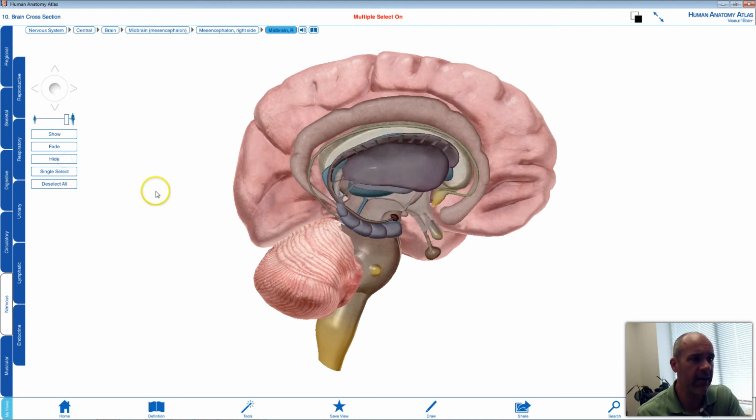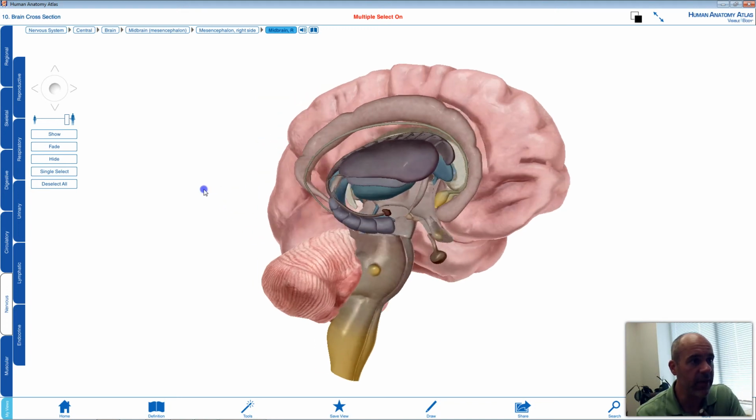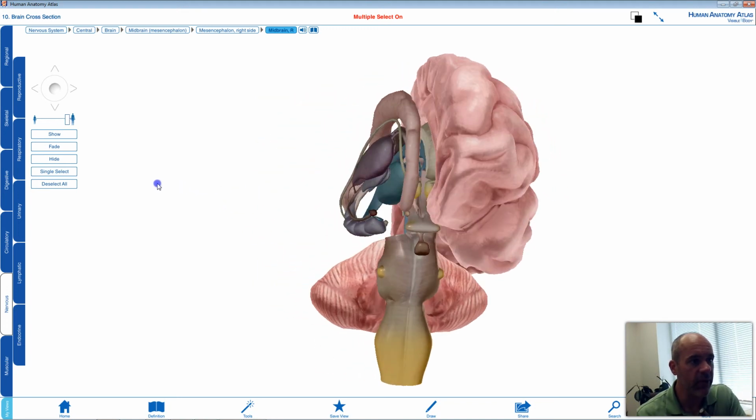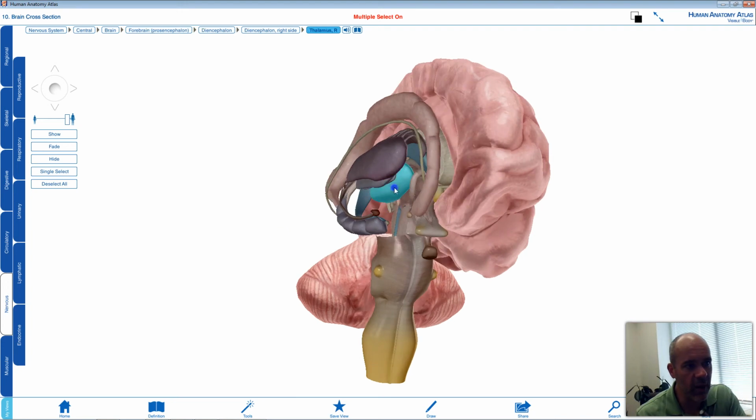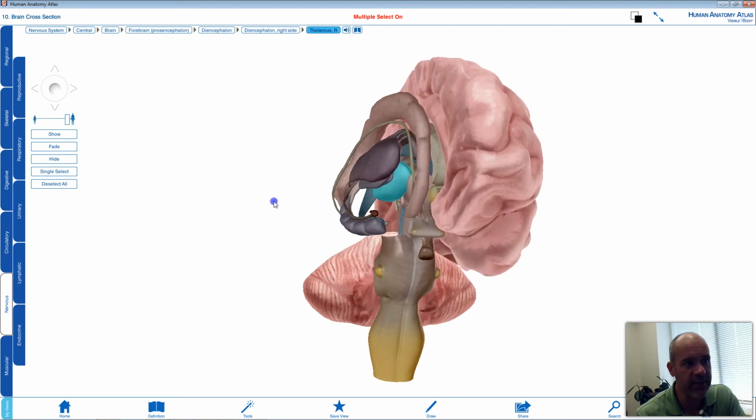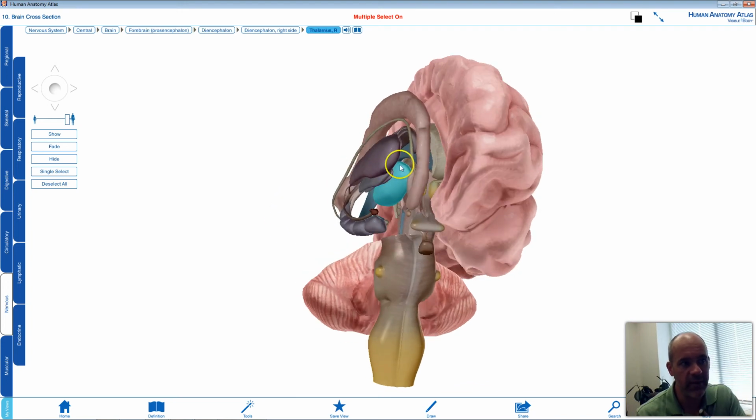Let me hide that. So I've stripped off some superficial structures there, and we're going down deeper in here. And I'm going to kind of rotate this around. But do you see this oval structure right in there? That's called the thalamus. So that is a deeper structure that's part of the diencephalon.